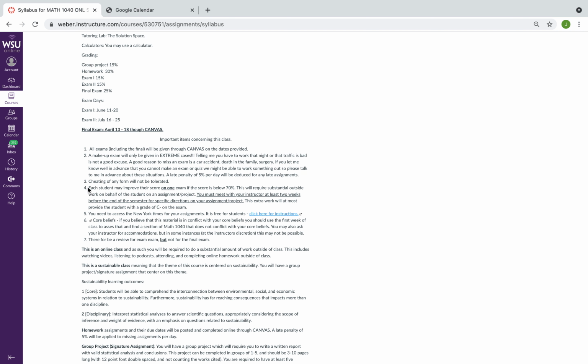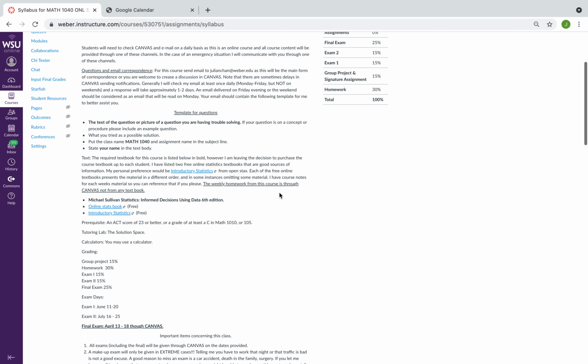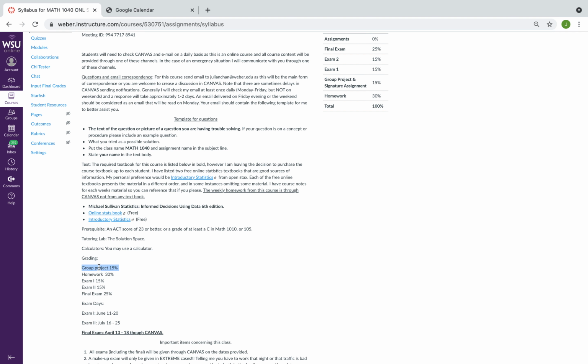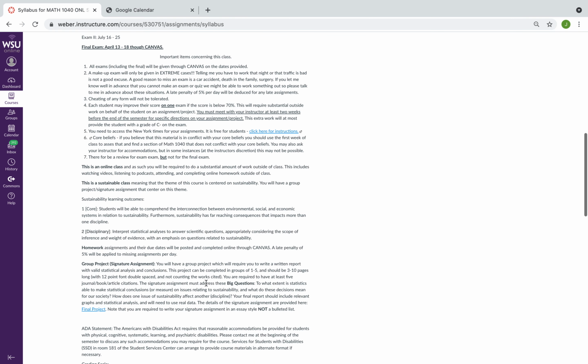I want each of my students to do well. In the event that life happens and for some reason you don't do well on an exam, you can improve your score on one of your exams and boost it up to a 70%. But I do want to warn you, this requires substantial outside work, and it basically is equivalent to completing a project, a group project, but typically you'll be doing this to boost an exam grade.